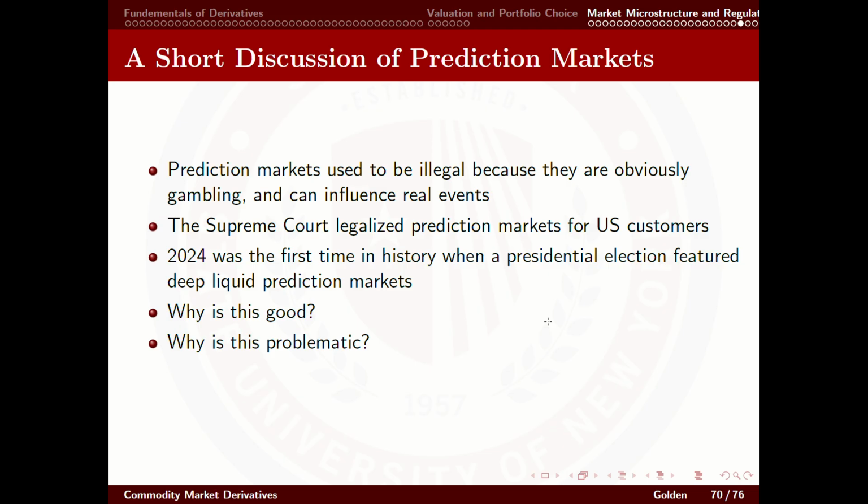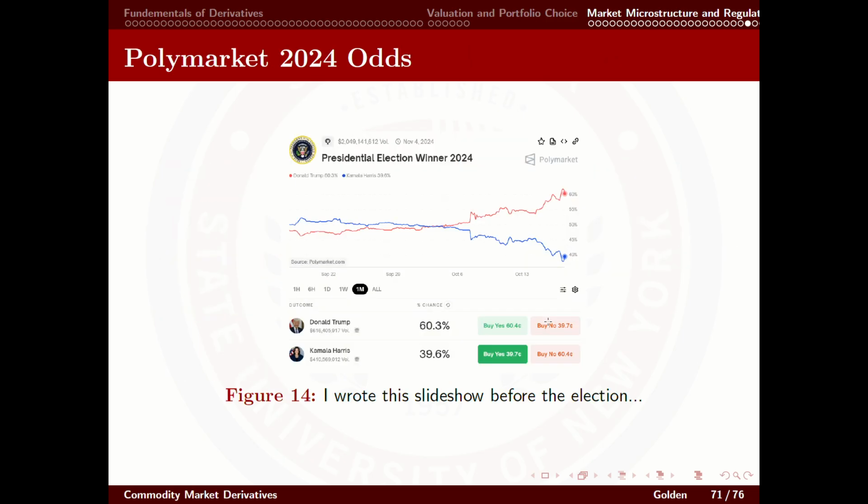It can definitely be viewed as gambling, and there's a lot of questions as to whether or not it's a legitimate hedging instrument and whether or not it might encourage you to interact with the market. If you're betting on whether or not Trump is going to become president, are you now encouraged to interact with the presidential election in that way? And so how should we interpret prediction markets? How should we think about the price that we're seeing?